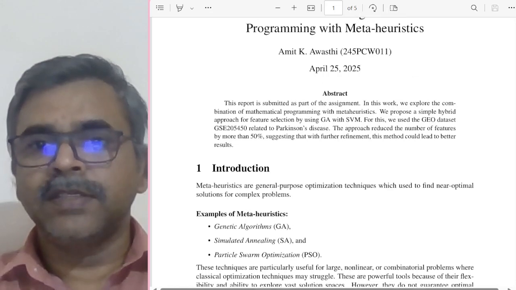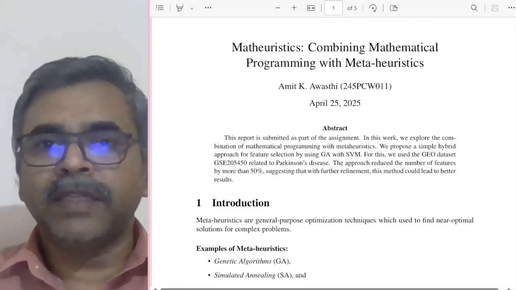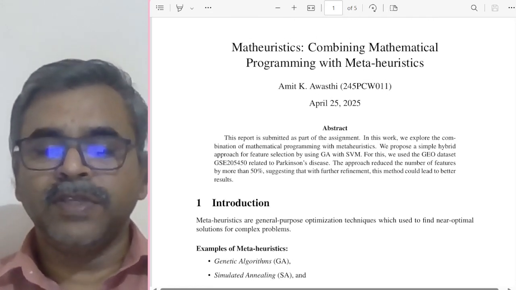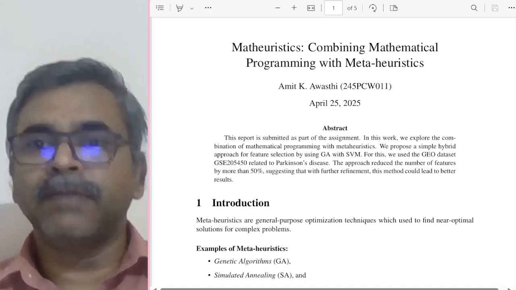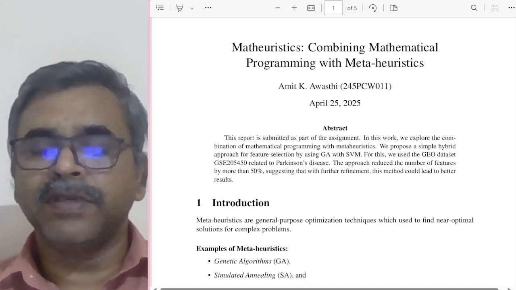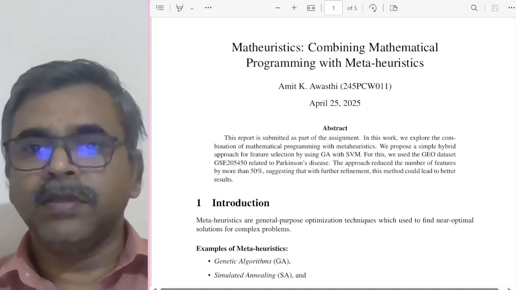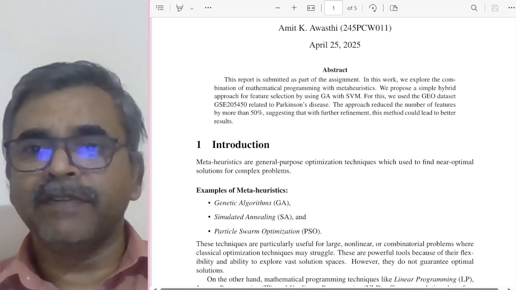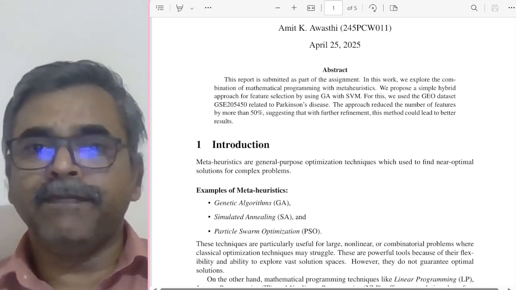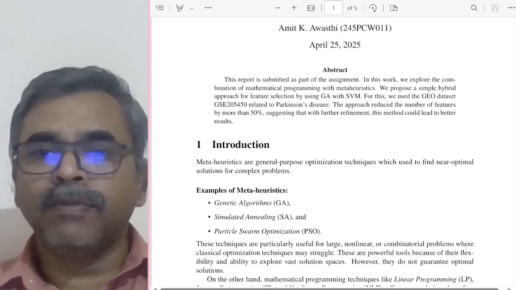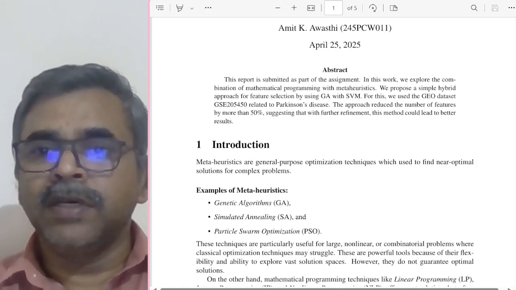So actually this is the topic Matheuristic. Basically this is combining the concept of mathematical programming and Metaheuristic. This report is actually submitted as part of an assignment, and in this we explore the possibility of combining mathematical programming with Metaheuristic.